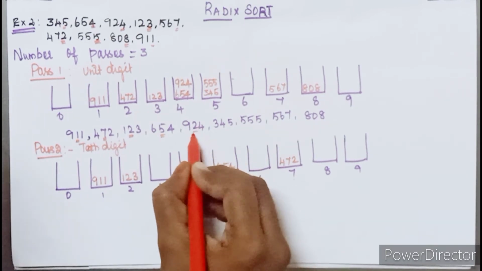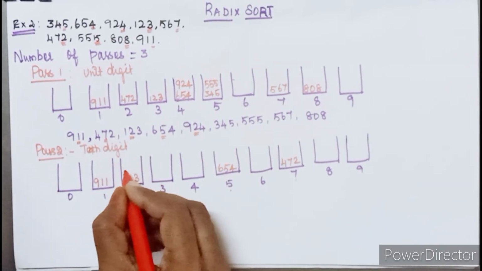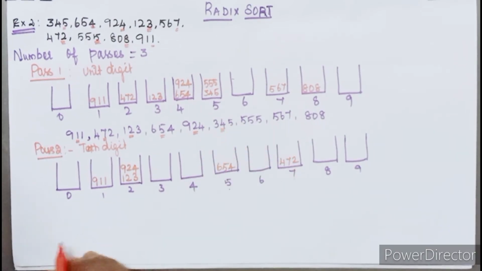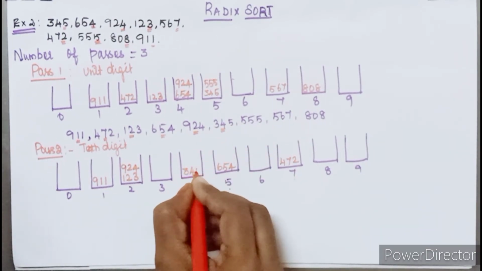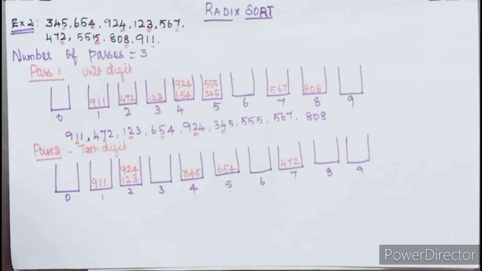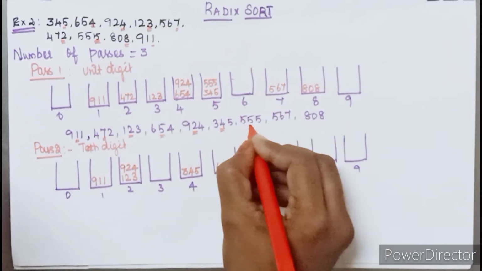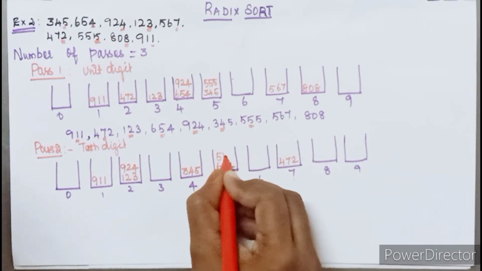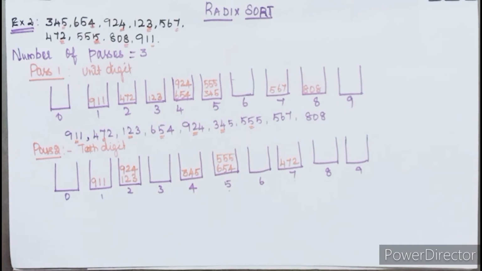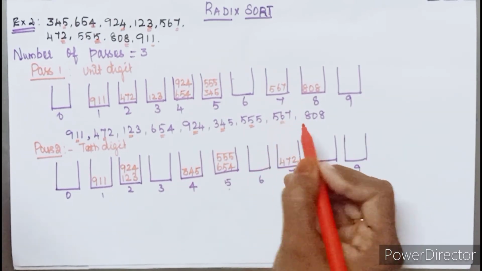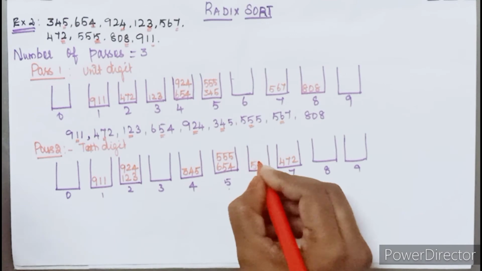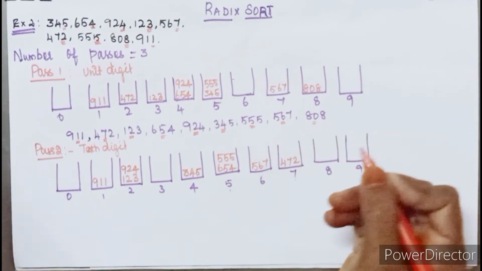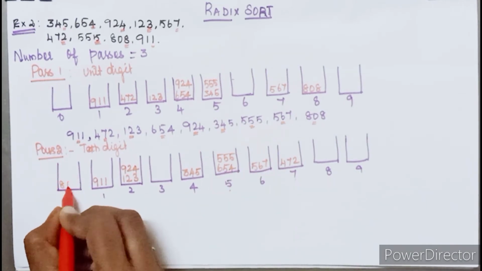The next number's tens place is 2, again moving to the previous bucket. The next number's tens place is 4, writing that onto bucket 4. The next number is 555. Its tens place is 5, so write it onto bucket 5. The next number's tens place is 6, write 567 here. And the last number's tens place is 0, so it is placed in the first bucket.